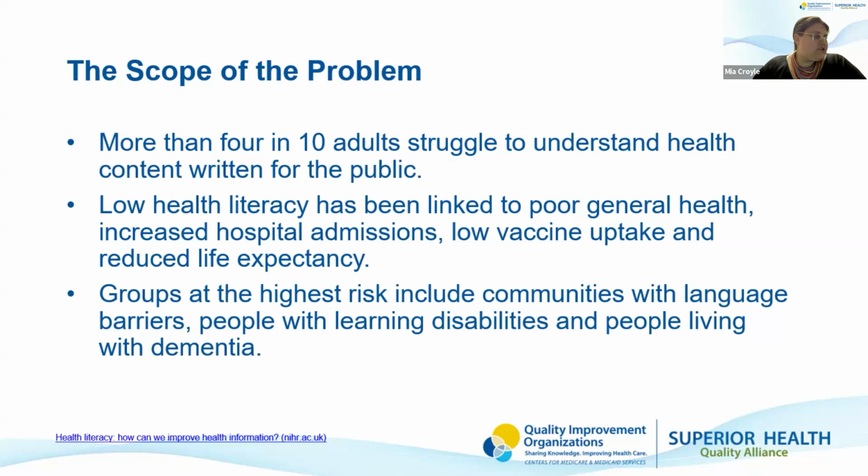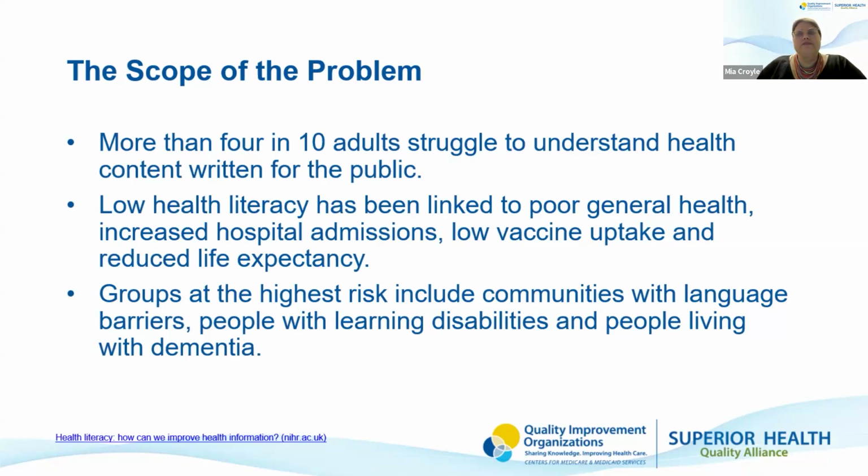So you want to do something to help extend the life expectancy of the patients that you serve. One way we can work on that is by making sure that we've designed our written materials and that we're speaking to patients in a way that is accessible even for those with low health literacy.